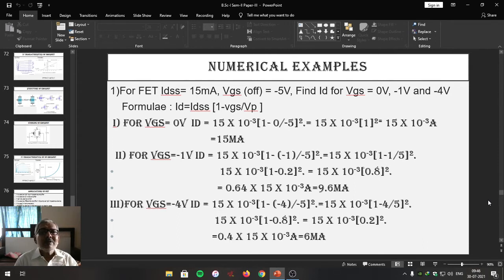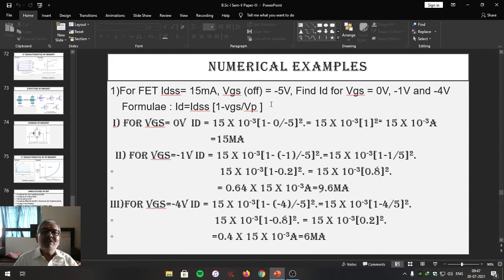Friends, now there is a time to solve some numerical examples based on the formula which I asked to remember. These formulas I will just revise, depending upon which we are going to solve the numerical examples.